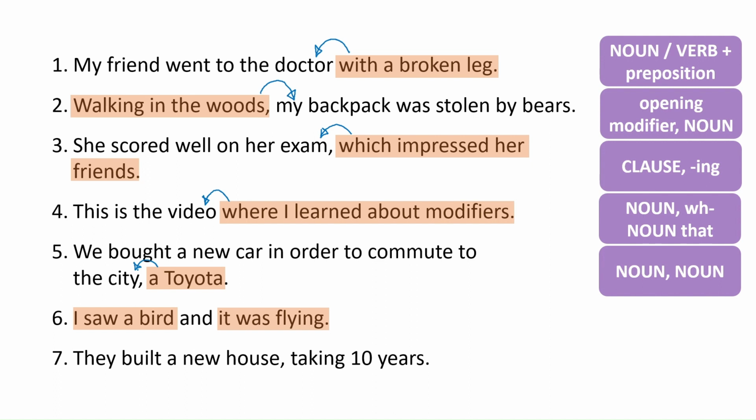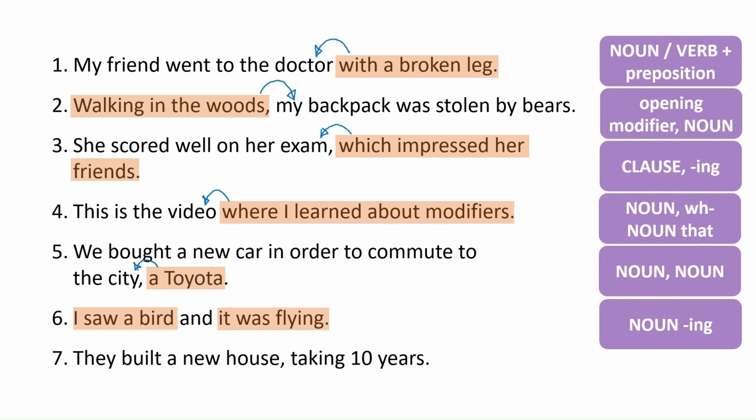I saw a bird flying. A noun ing modifier. And notice this works very much in the same way that the noun that modifier works. I saw a bird that was flying, or I saw a bird flying, same difference. But notice how the modifier kind of integrates those 2 pieces of information and connects them in a logical way.